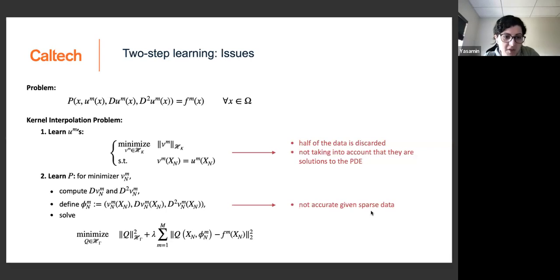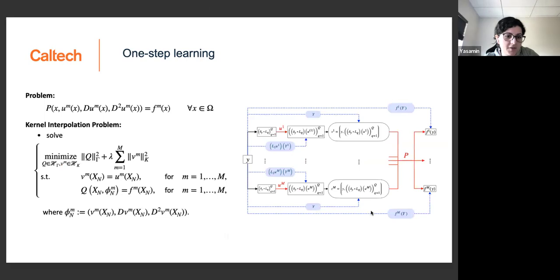Because of that, this motivated thinking about this problem and solving it in a one-step approach. So what we did here was that we formed a one-shot minimization problem. The first constraint in this optimal recovery problem is the constraint of the solutions, and the second one is the PDE constraint.